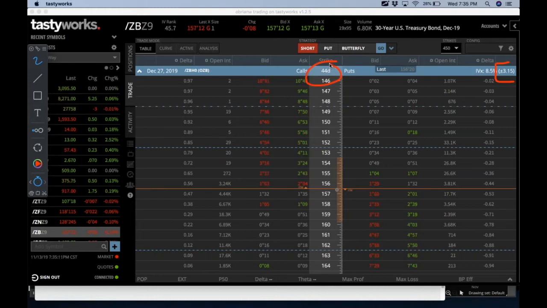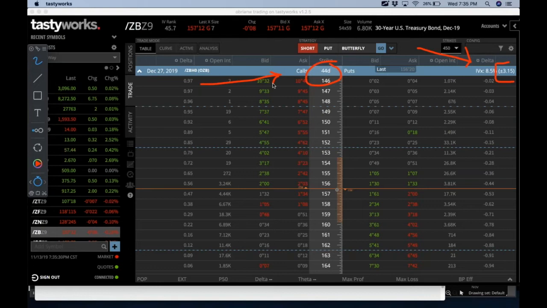In this case, we've got 44 days to expiration, and we want to be 2 times this expected move on the call side or on the put side. Ideally, that's what we want to do if we're going to be putting on a trade there.